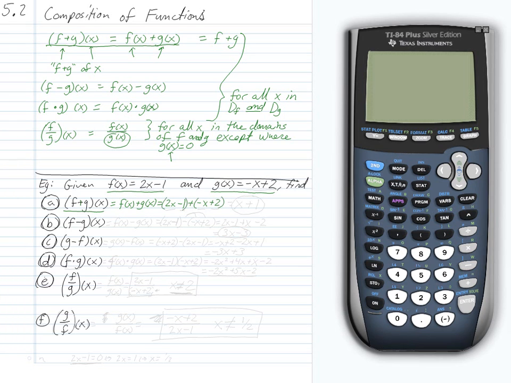There are two functions we're plugging in. And we can usually simplify these a little bit. 2x minus x would give us x, and negative 1 plus 2 would give us plus 1. So that's our function.